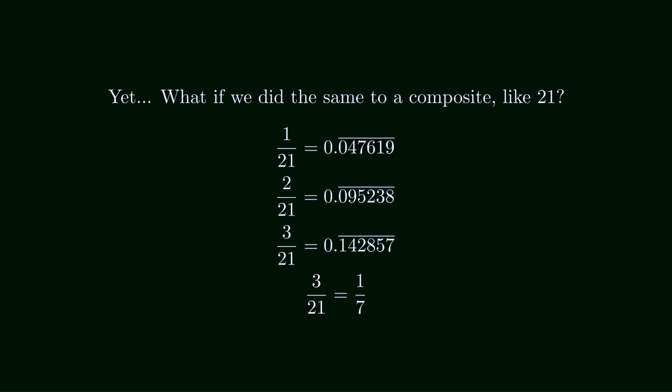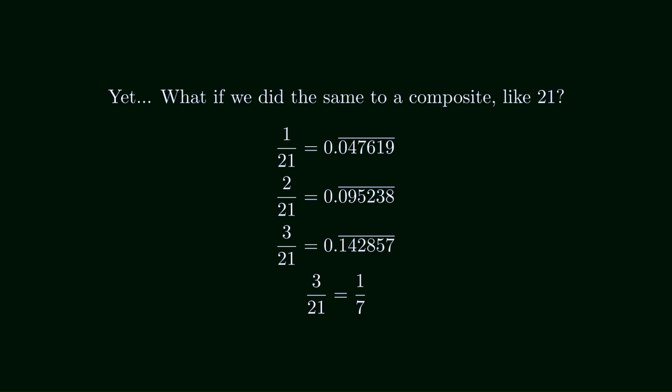Yet the longest sequence a number can have is n minus 1, since it is related to how many remainders they can have excluding 0. And for 7, it is 7 minus 1, or 6. Yet, for 21 to be long prime, we need a sequence of 21 minus 1 long, or 20. 3 divided by 21 will never be able to be that long. Therefore, 21 can never be a long prime.